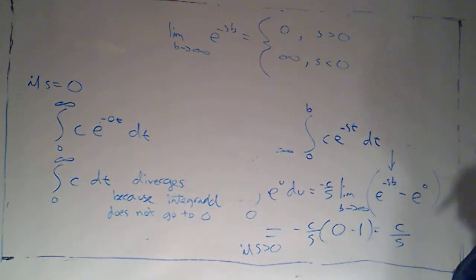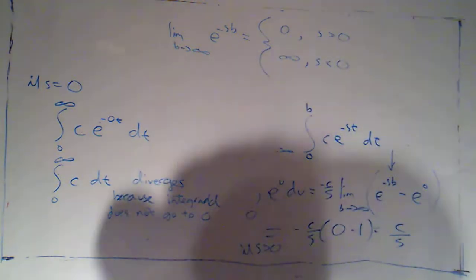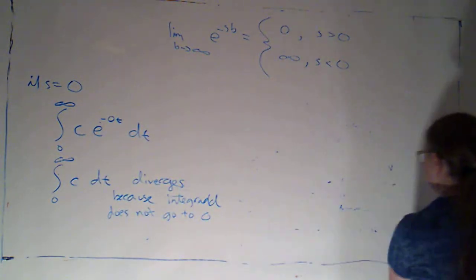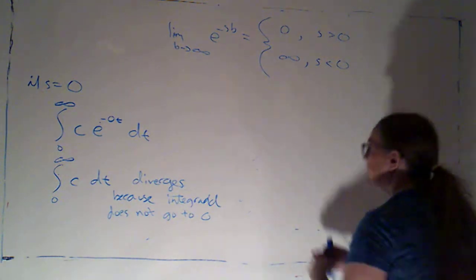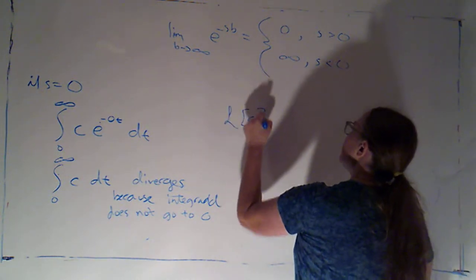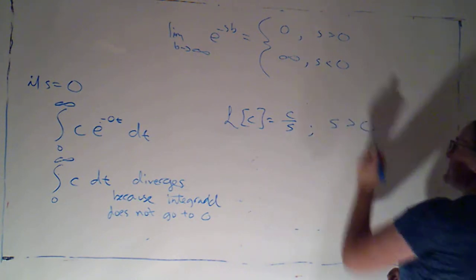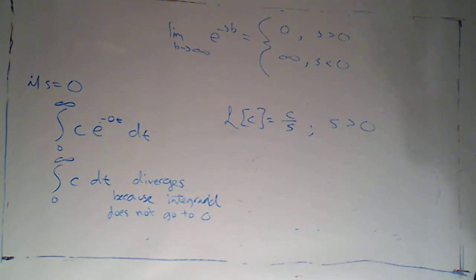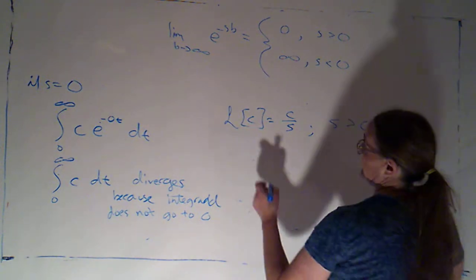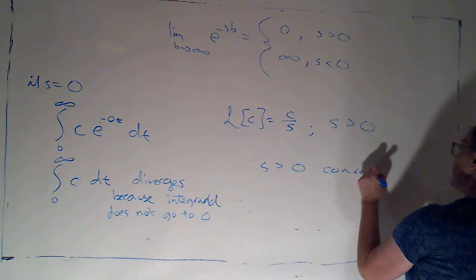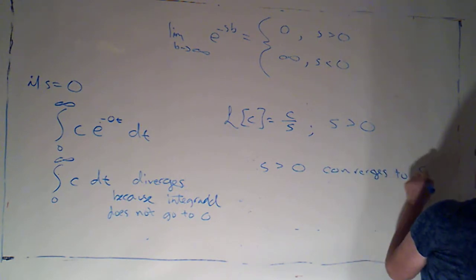Therefore, I can put the pieces together, and I can say the Laplace transform of c is just going to be c over s if s is bigger than 0. But essentially, I looked at 3 different cases. If s was bigger than 0, it converges to c over s.